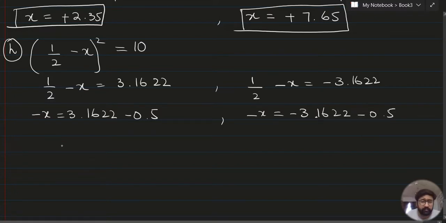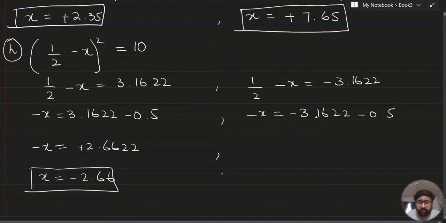So we'll have the value as minus x is equal to minus 2.6622, and the value of x from here is going to be minus 2.66.